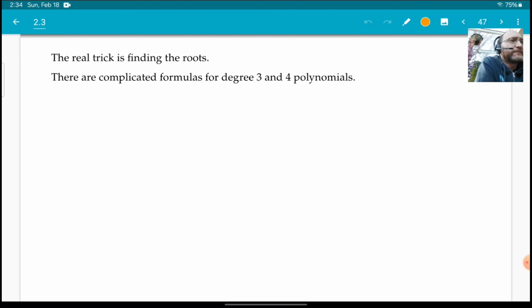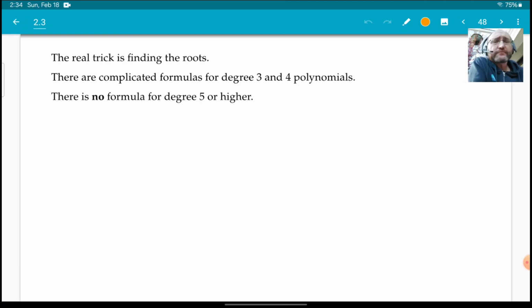Or, well, maybe there are some weird people that memorize them. But there are formulas. You can plug into a formula, and it's going to give you some very complicated looking solution in terms of roots and so on, right? But for degree 5 or higher, there is no formula in terms of the roots and algebraic operations on the coefficients.